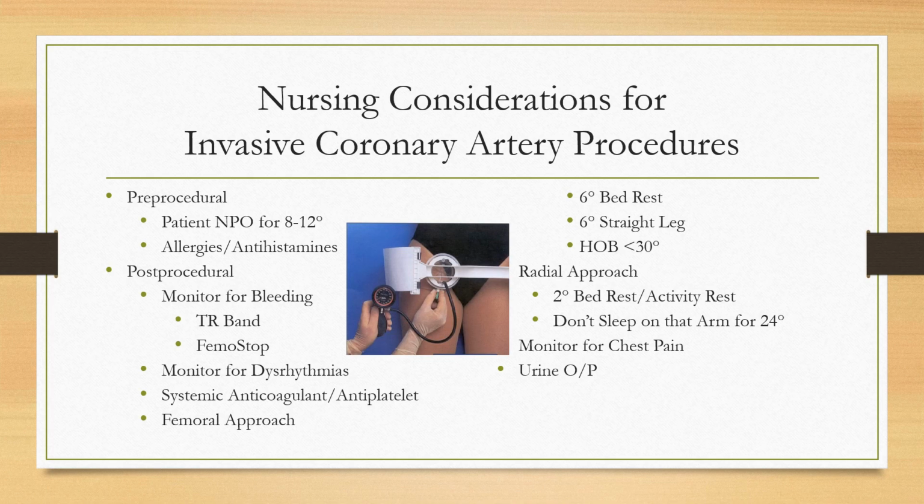So they're on a monitor looking for arrhythmias, and depending on where the catheterization was done, they may have a TR band, which is an inflatable wrist band to compress the radial artery, or a fem stop right over the area to control any bleeding at the femoral artery. So pretty cool devices, and the patient doesn't have to hold the site. So they're super useful, right?